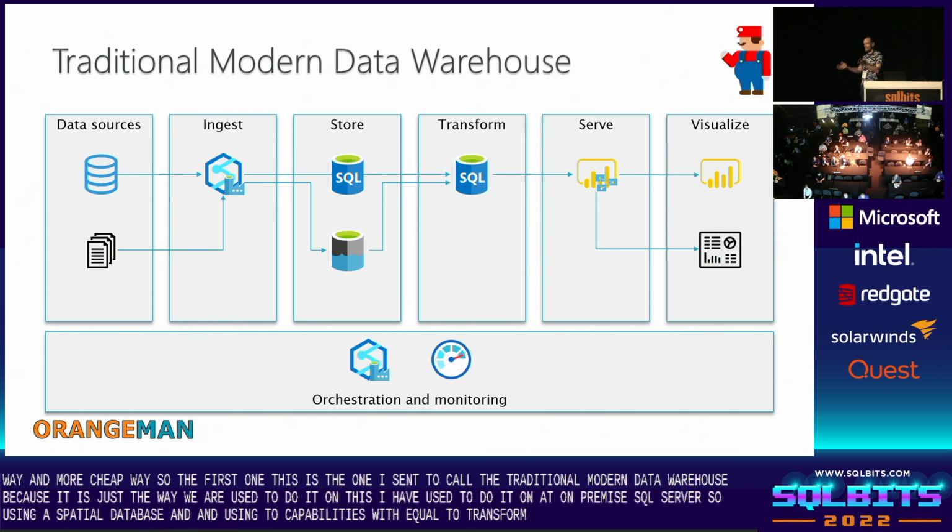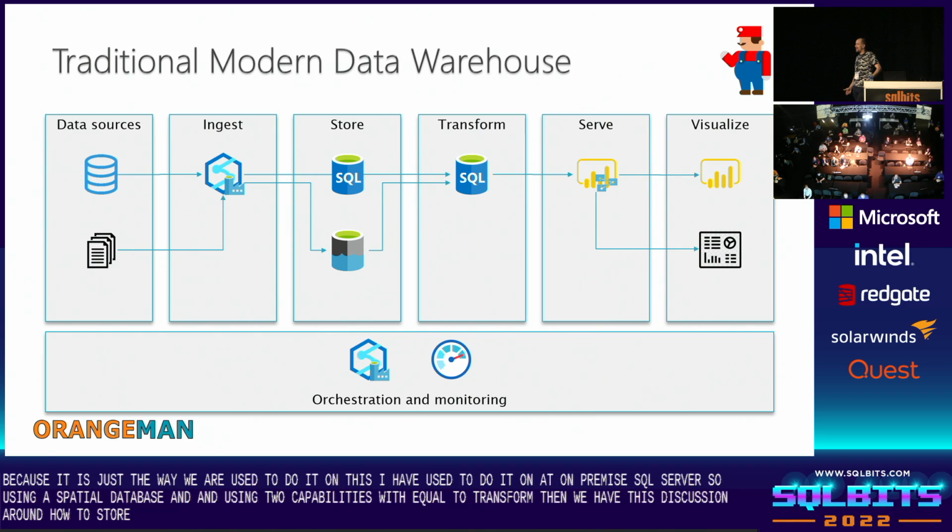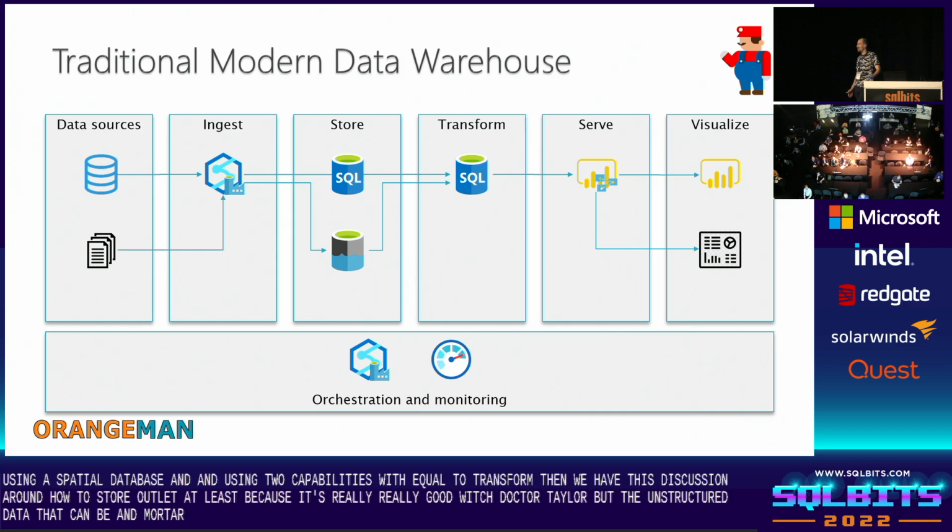Then we have this discussion around how to store our data, at least our unstructured data, because a SQL server is really, really good with structured data. But unstructured data can be a tougher one to handle. That's why I also put a data lake at the bottom, so that we can ingest this data there.